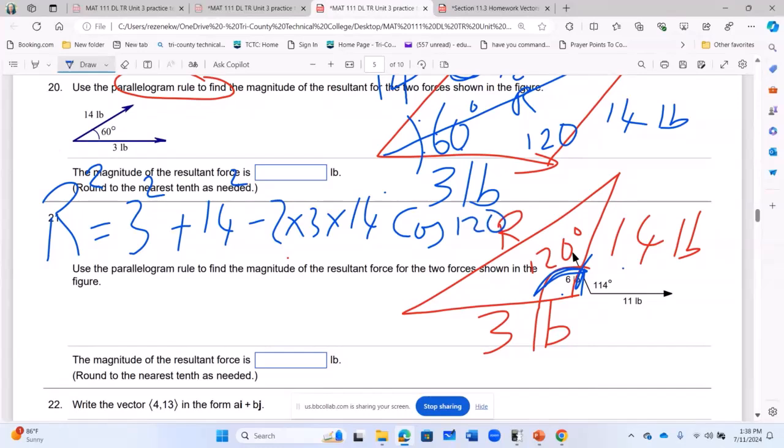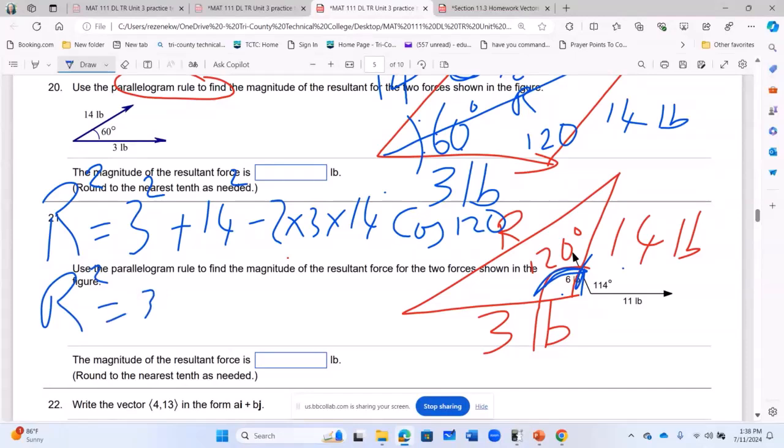You apply the unit circle again. 120 is in the second quadrant. Cosine is negative in the second quadrant. The reference angle of 120 will be 180 minus 120, which is 60. So cosine of 60, we already know it is 1/2.